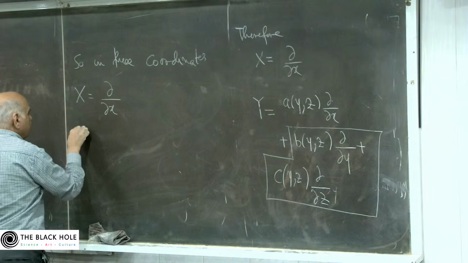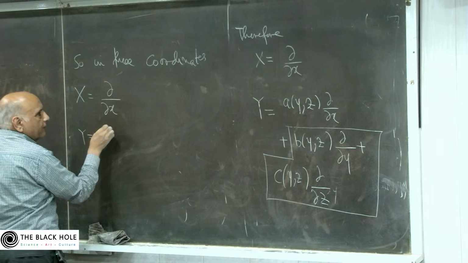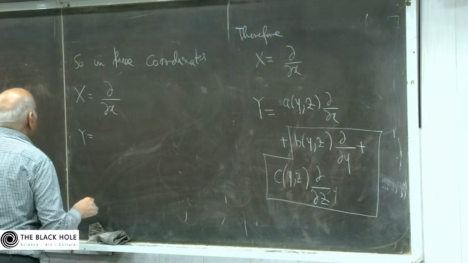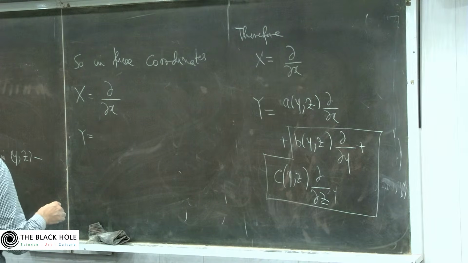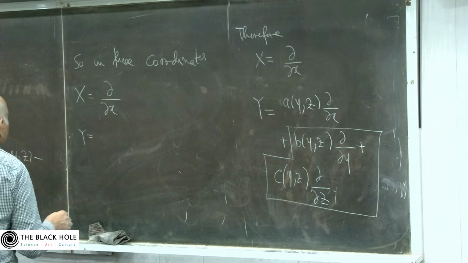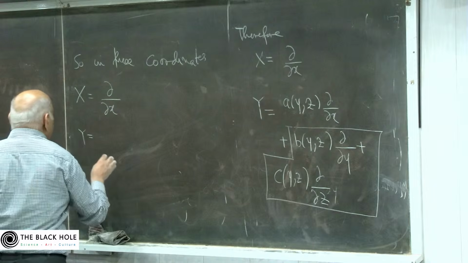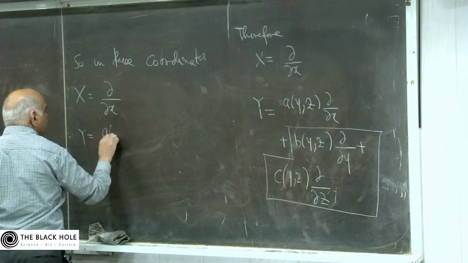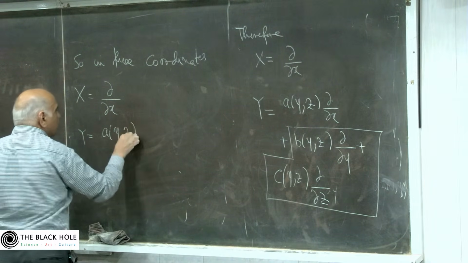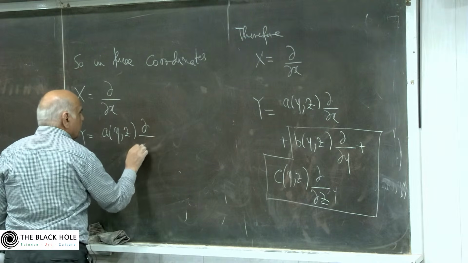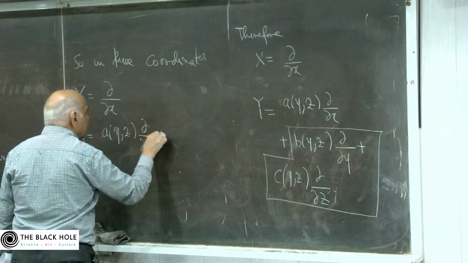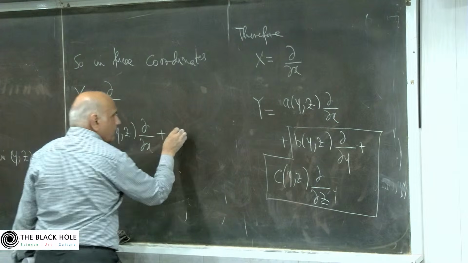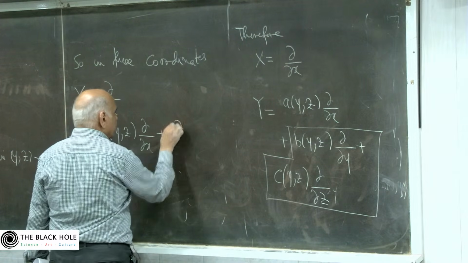And y is equal to a(y,z) partial by partial x plus z tilde was partial by partial y tilde.